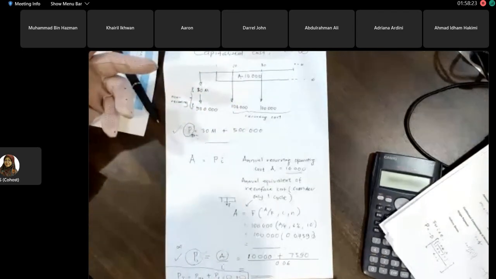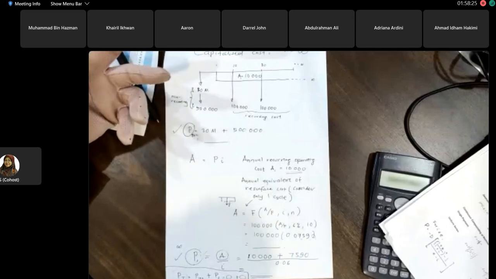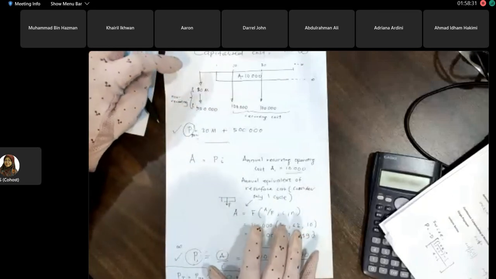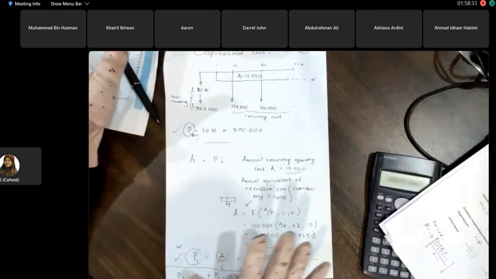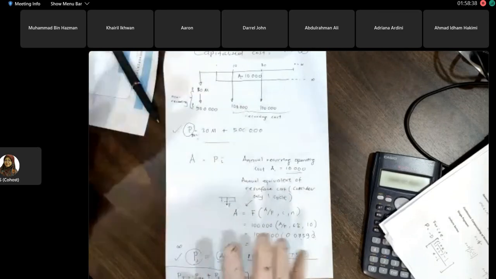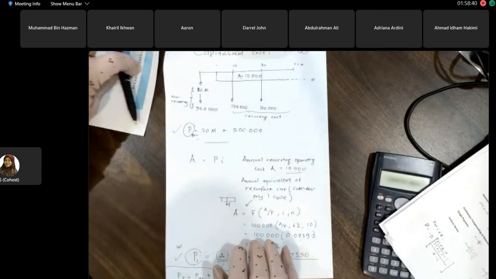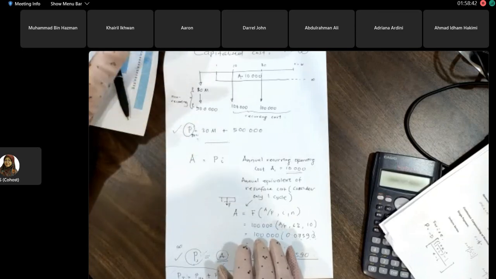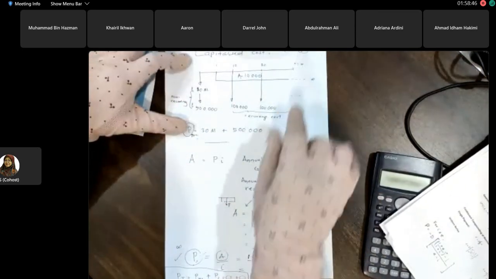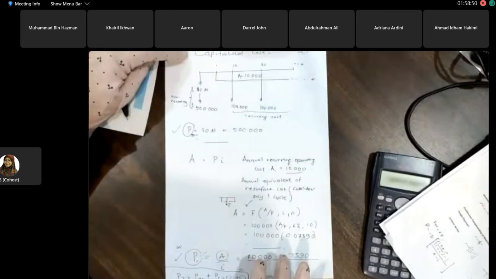There is no end life, until maybe the end of the world. Or maybe the road is broken up to build something, then it ends. So otherwise you just put it as n equal to infinity.